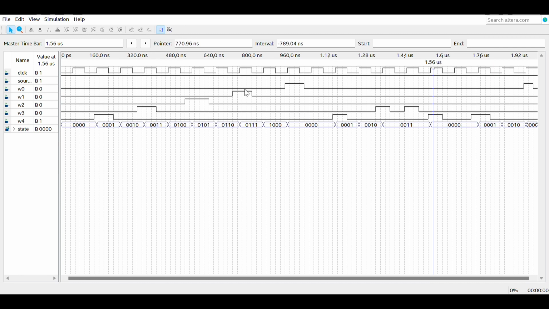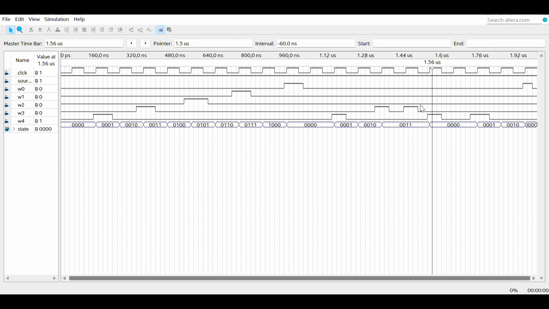And then next one, clock 17. At clock 17 I leave the button, so it will stay in state 0 again. And then next clock, 18. Clock 18 I press, sorry, I put W4.